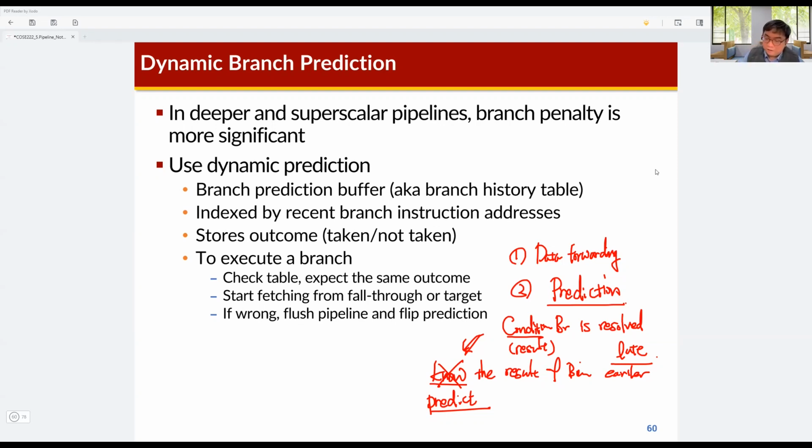The actual result is resolved late, but we can predict it earlier. Then we can reduce the wasted cycles by control hazard from branch instructions. This is called branch prediction.